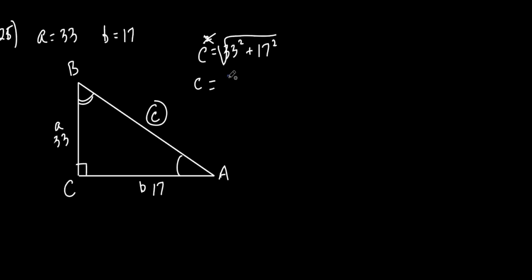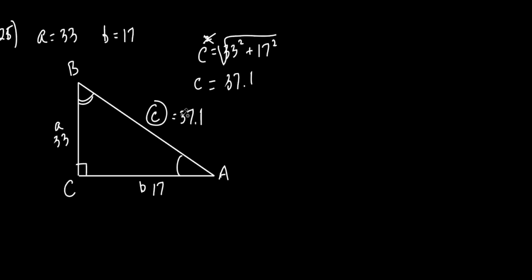So C is 37.1. And that makes sense because the hypotenuse should always be the longest side, correct? Is the hypotenuse the longest side? Yeah. What if you got a number like 27.1? Then you look at it and you're like, wait a minute, I must have done something wrong. Why would I have done something wrong if I got 27.1? Because the hypotenuse would be smaller. Hypotenuse has to be the longest side.